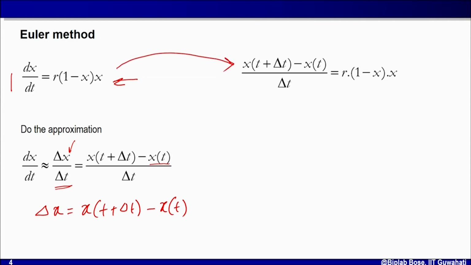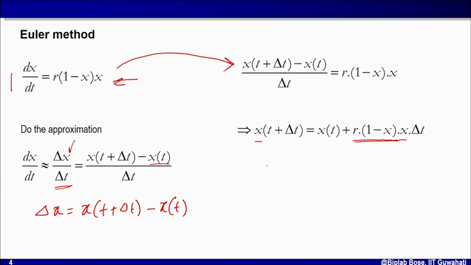Now if I rearrange these terms so that I keep x at t plus delta t only on the left hand side and everything on the right hand side, then I get this one. x at t plus delta t is equal to x at time t plus r into (1 minus x) into x. Remember, this is coming from the ODE, into delta t.